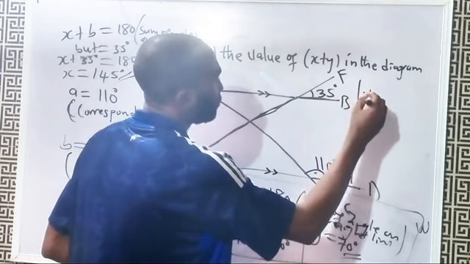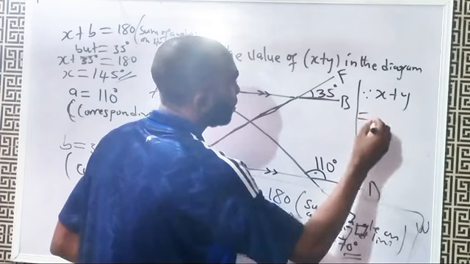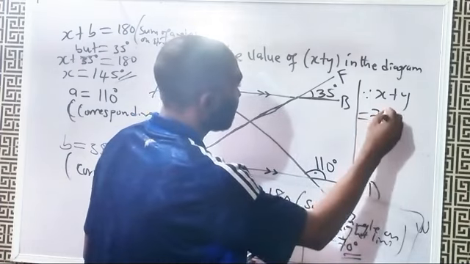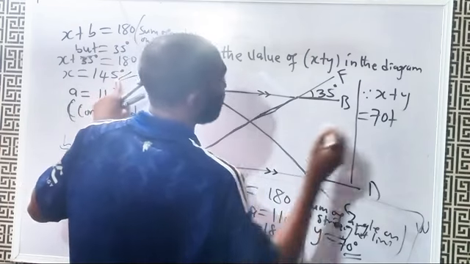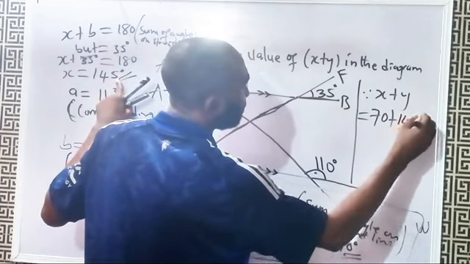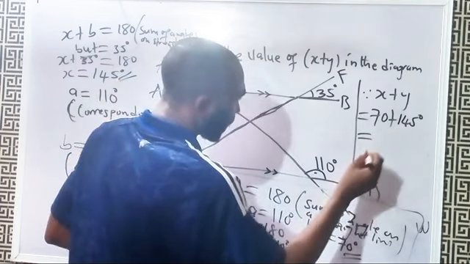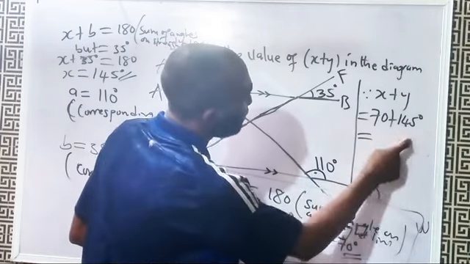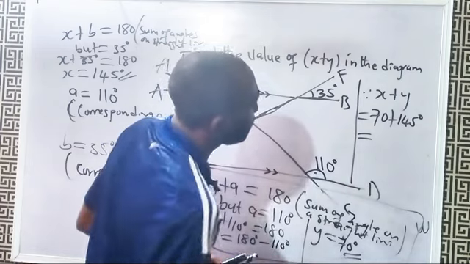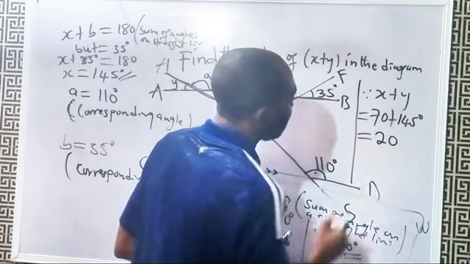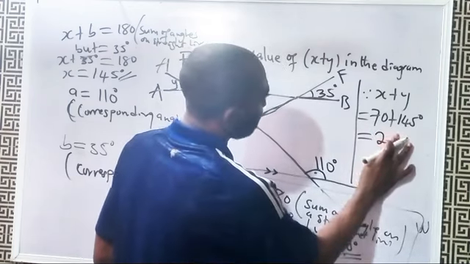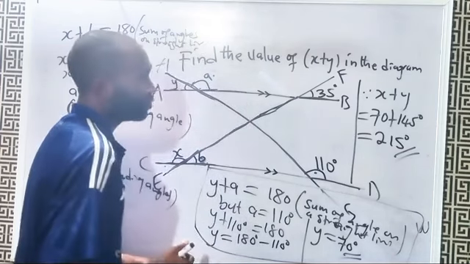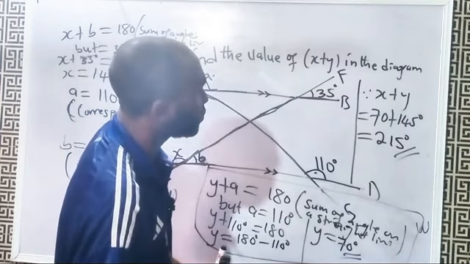So x plus y will be: y was calculated to be 70, so 70 plus our x calculated to be 145 degrees. 145 plus 70 will give you 215 degrees. So that is your answer.